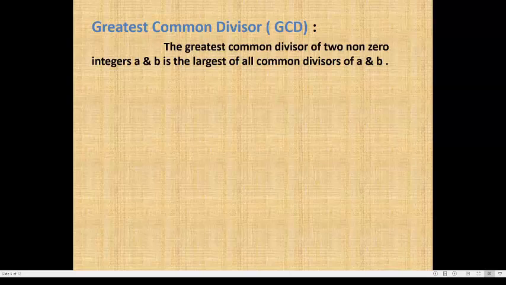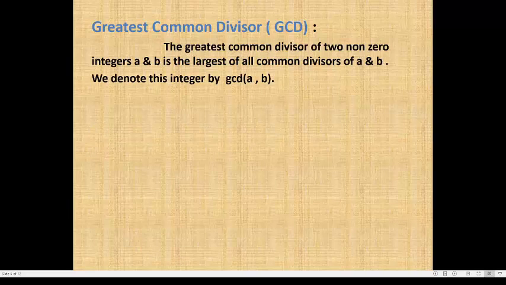That is, here we want to find the common divisors of a and b and find the largest one, which is called the greatest common divisor. We see some examples. Here the notation is GCD of a comma b. This is the notation of GCD.